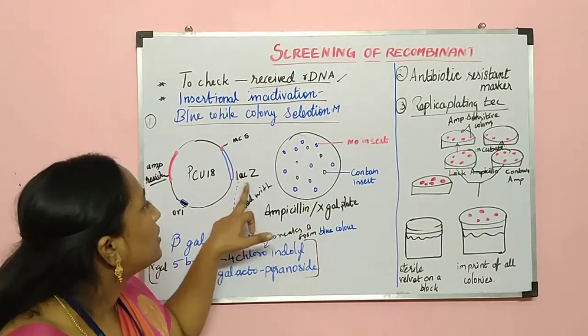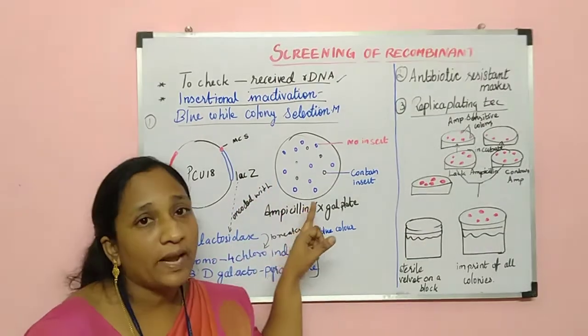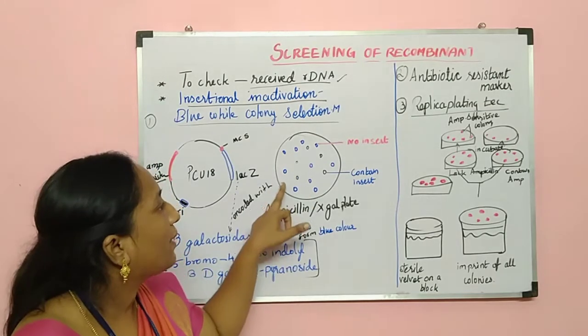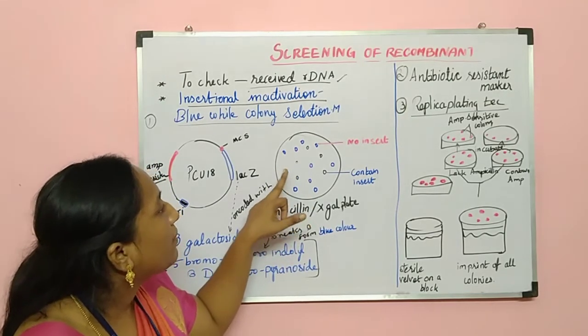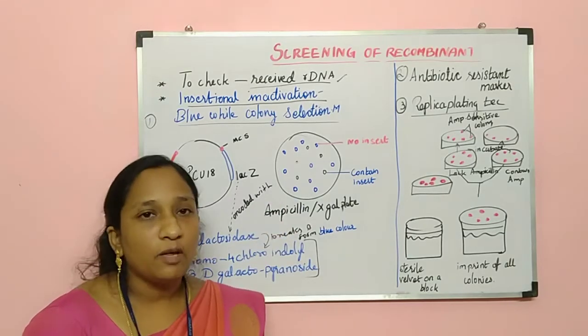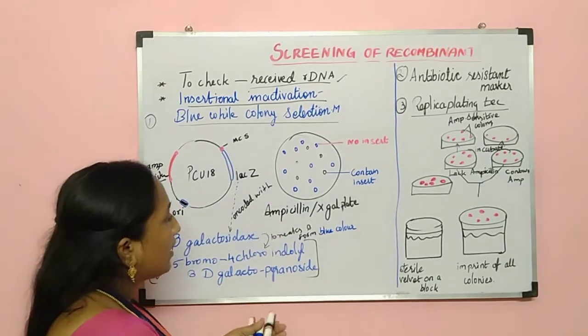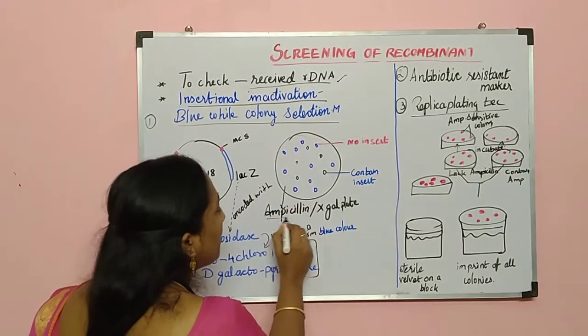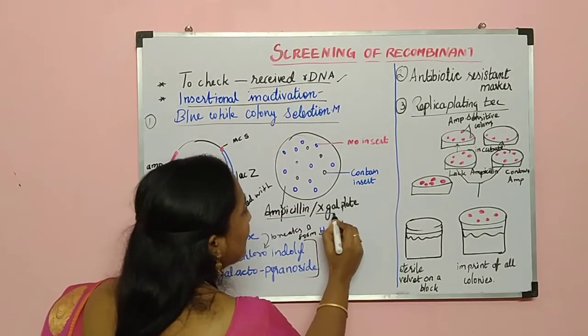Do you know what this plate is? This is a culturing plate, called a Petri plate or Petri dish. In the culture medium, this Petri dish is filled with the ampicillin antibiotic. Either it may be ampicillin or it may be X-gal.